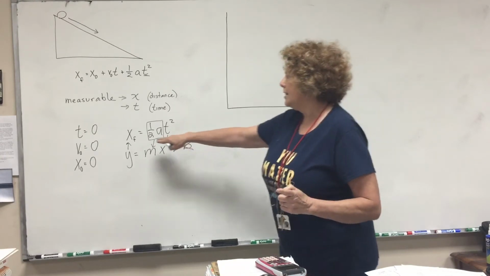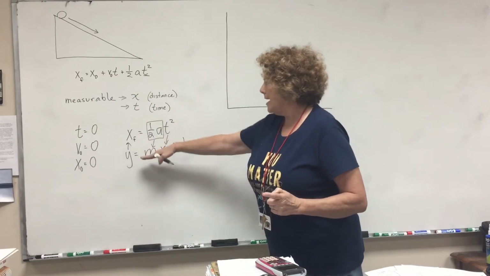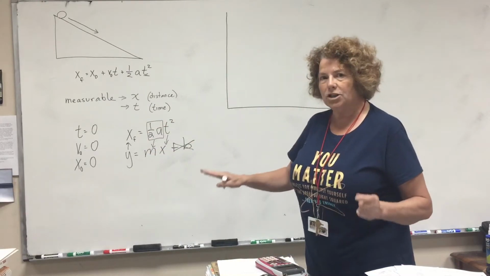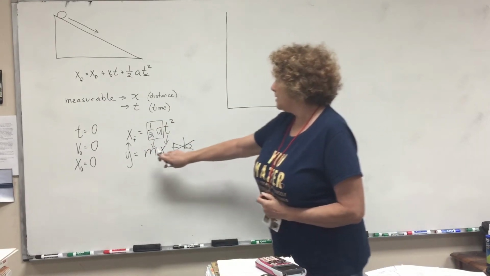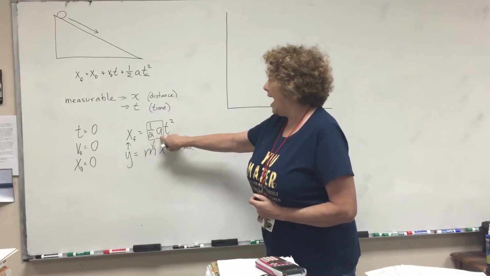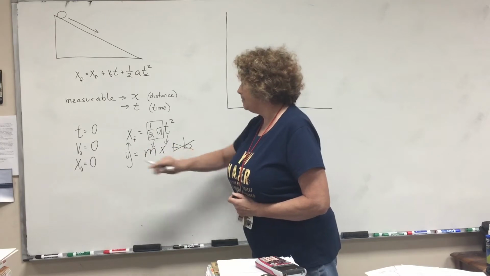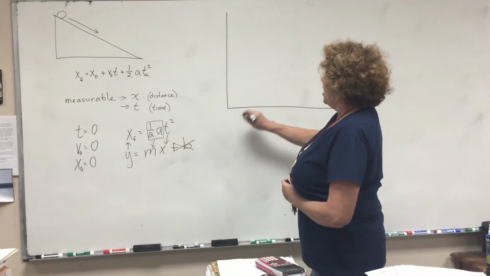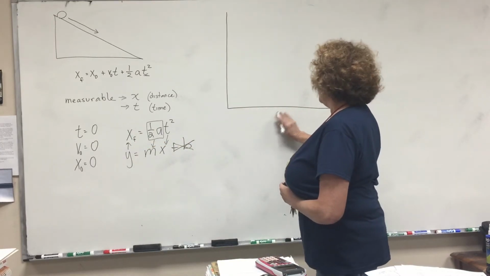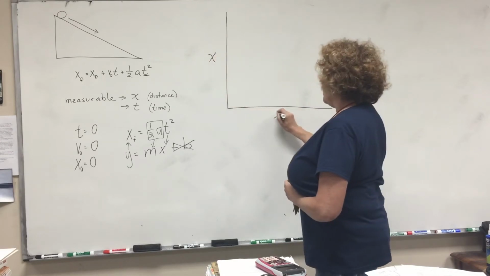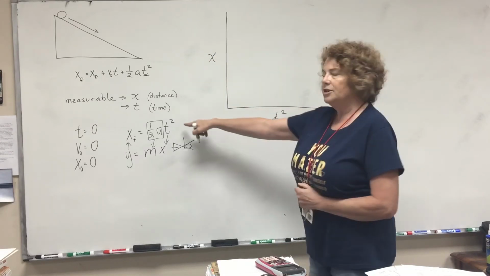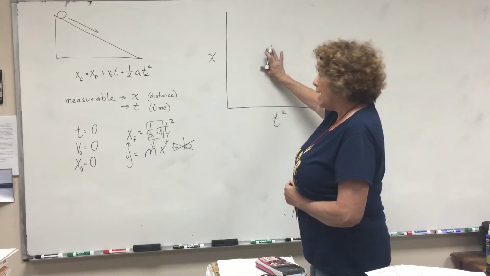Look at the equation you have and match it up one-to-one with the equation of a line. So my slope is actually going to be 1/2 the acceleration. So when I plot my x's and my time squared, don't forget to square the times you get before you plot them.